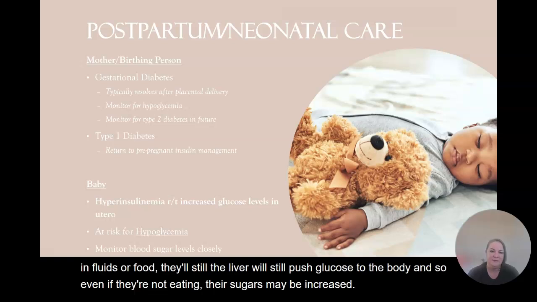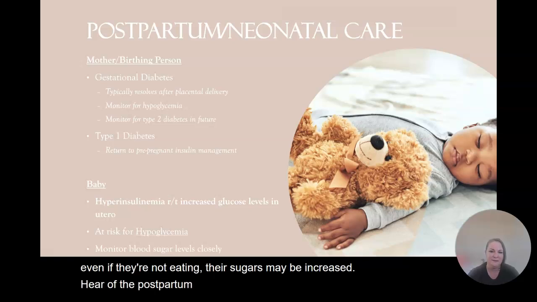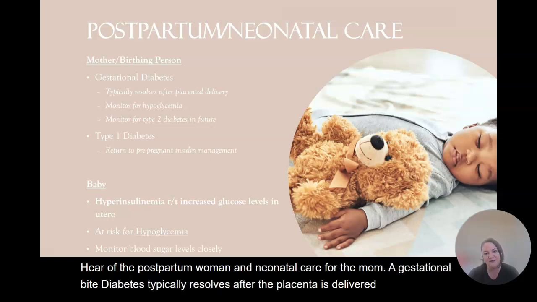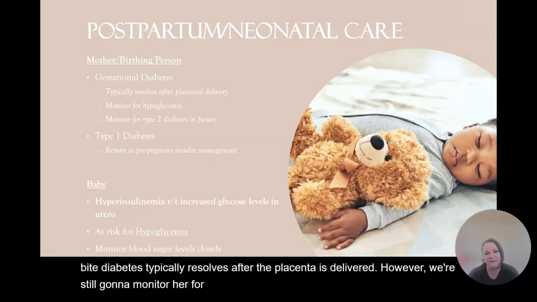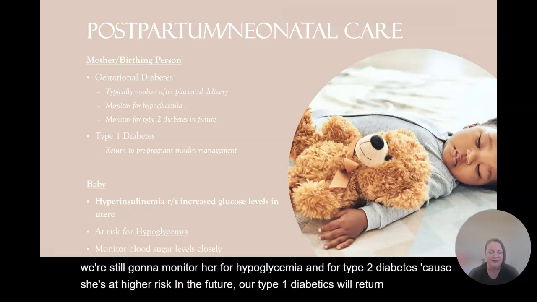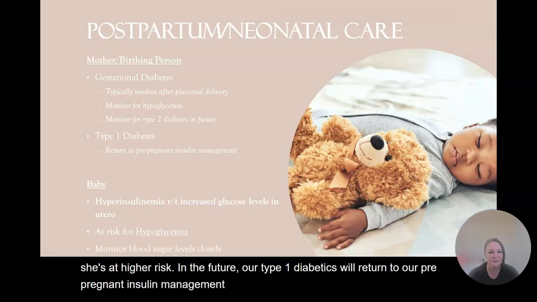Care of the postpartum woman and neonatal care. For the mom, gestational diabetes typically resolves after the placenta is delivered. However, we're still going to monitor her for hypoglycemia and for type 2 diabetes because she's at higher risk in the future. Our type 1 diabetics will return to our pre-pregnant insulin management that they were doing before.